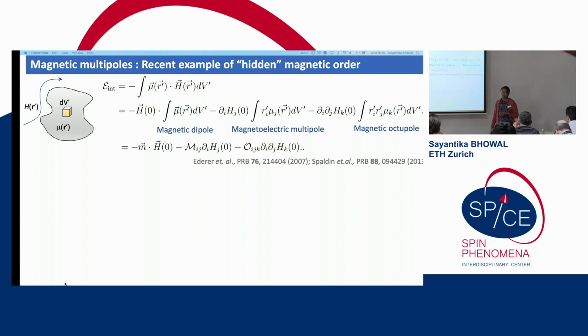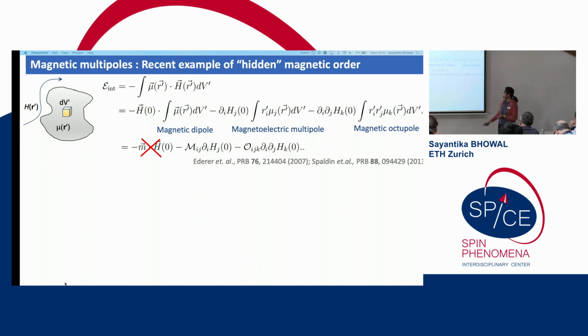Now, in an antiferromagnet, of course, we do not have any net magnetization, so this first order term does not contribute. However, if our magnetization density has asymmetries, then we can still have some higher order magnetic multipole, which in turn can have ferroic ordering.